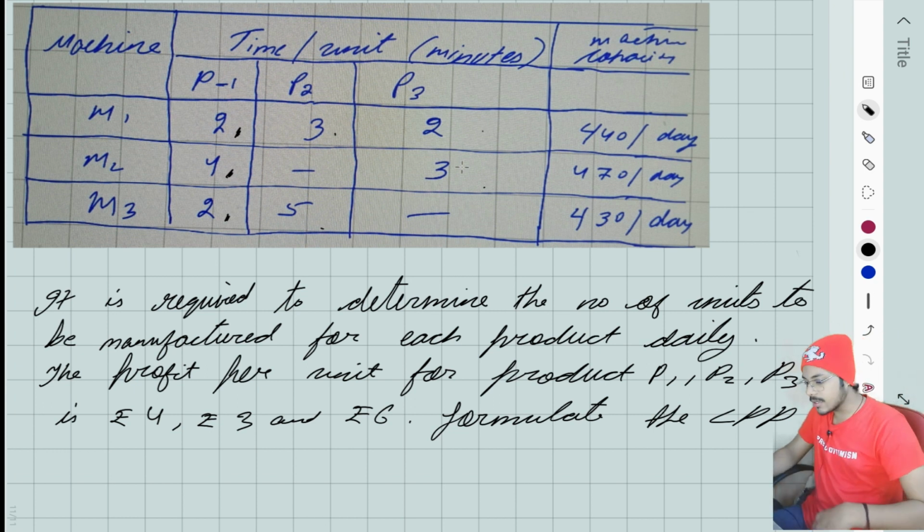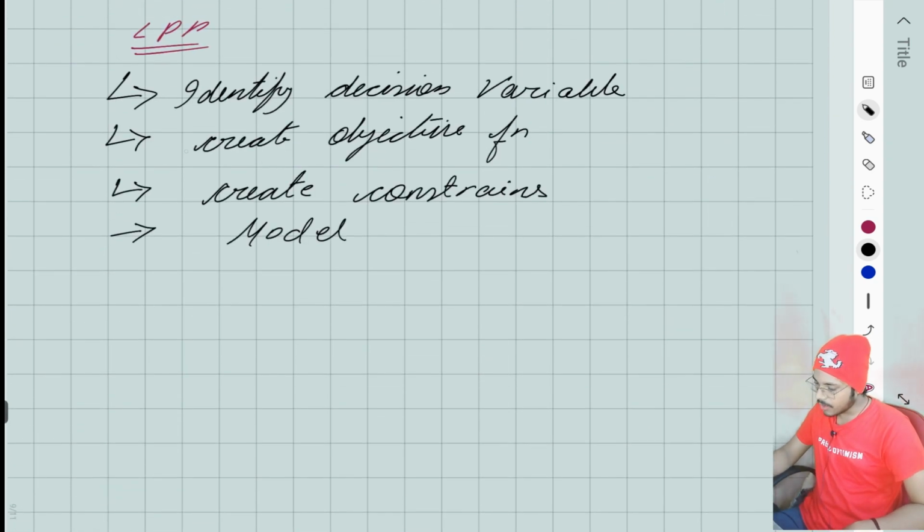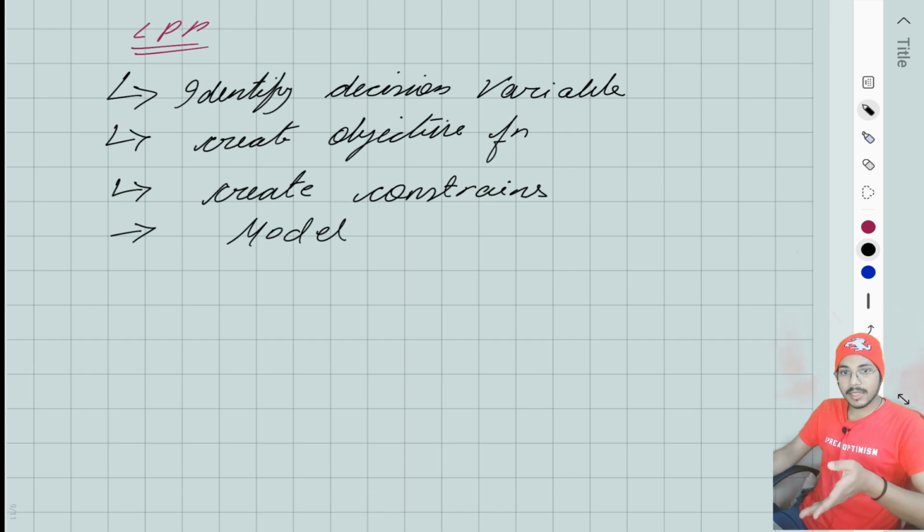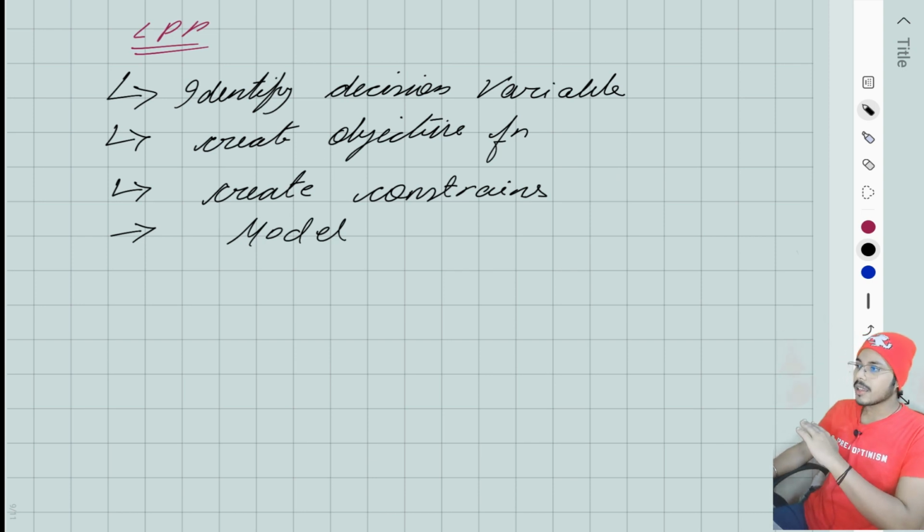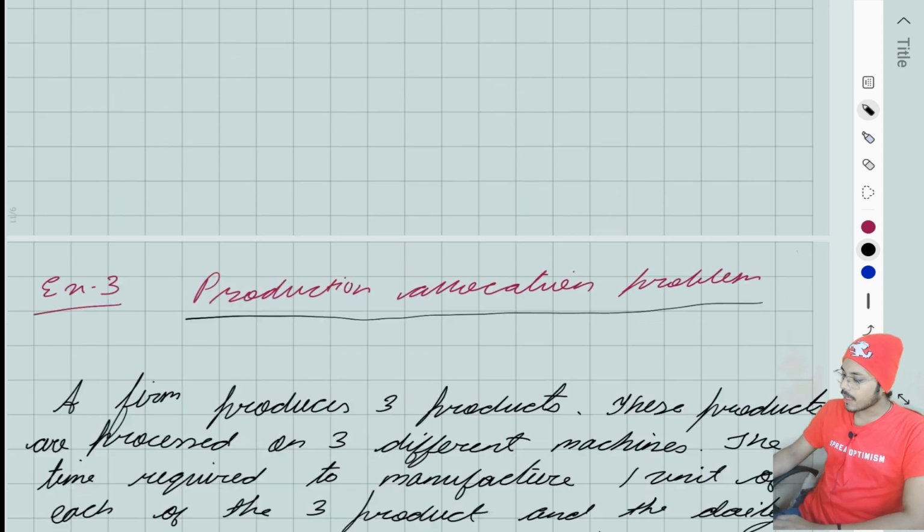So identify decision variables. Here decision variables are products. We can take x1, x2, x3 or p1, p2, p3. Let me take p1, p2, p3 according to the question so that it will be easier for us to understand.